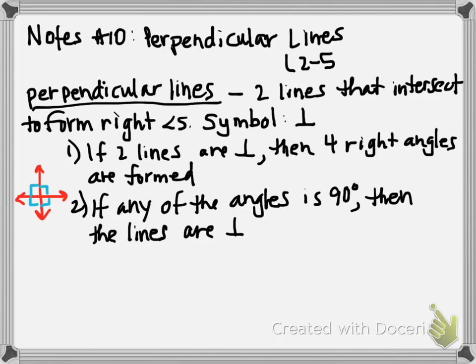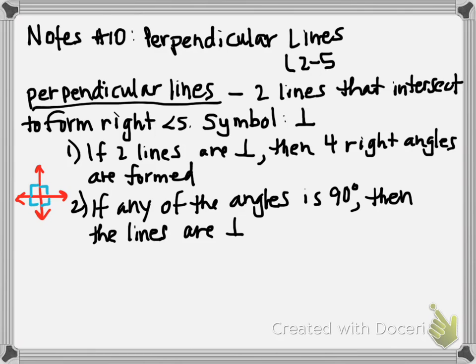And remember, we've got two lines, and the angle addition postulate will allow me to get side-by-side angles equal to 180, and if one of them is 90, the other would be 90, and then I can do the vertical angles thing. So that's what I can gather. But again, that's not what the definition says. The definition stops at two lines that intersect to form right angles.